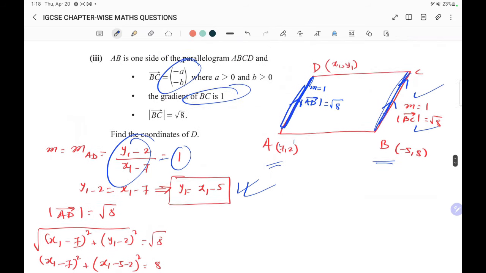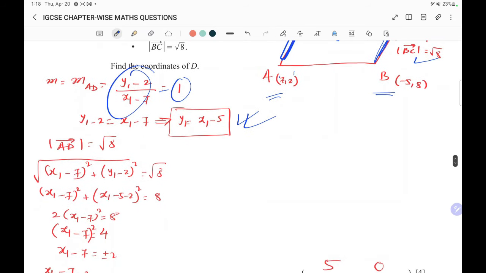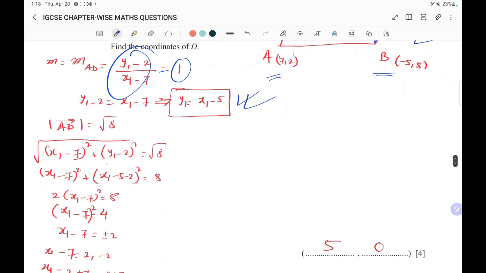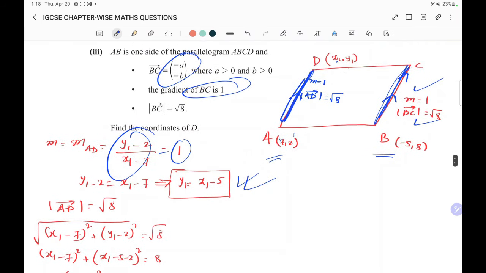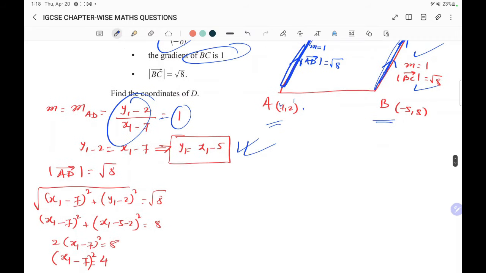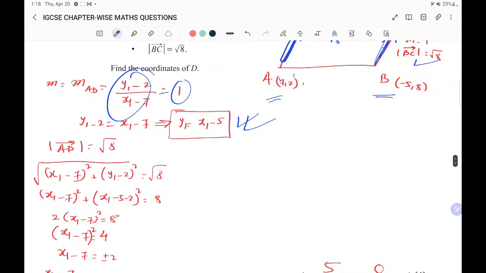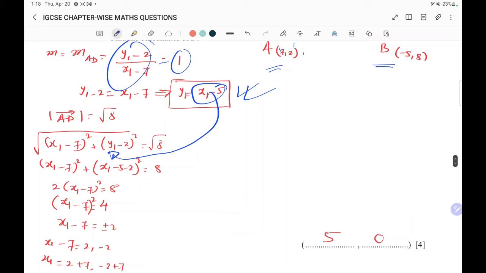Now apply the distance formula for AD and equate to root 8. So you will get x1 minus 7 and y1 minus 2, whole square, under root. Now square both sides and convert this y1, use this result. So x1 minus 5 minus 2 whole square.